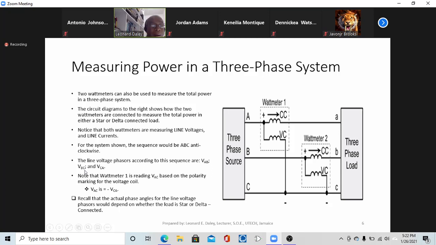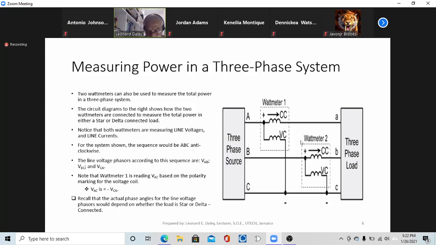But we are measuring VAC. As you know about phasors or vectors, if you change around the subscripts, you're basically changing the direction by 180 degrees. So VAC is actually minus VCA. All right. And we will use some of that when we get into calculations in a little while.